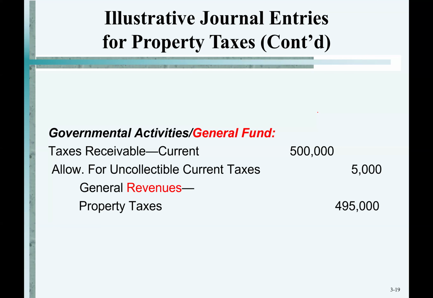After we go through this, I will start to show you some differences between the fund level and the government-wide level. So I'm showing you we would make the same entry for governmental activities using full accrual, or at the fund level, say the general fund, using modified accrual. I'm assuming all of this is going to be collected.